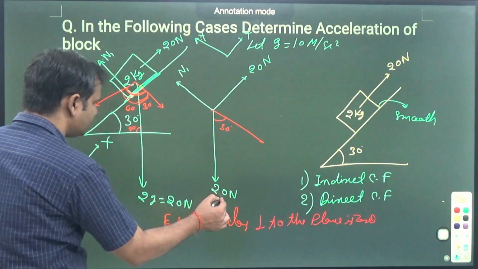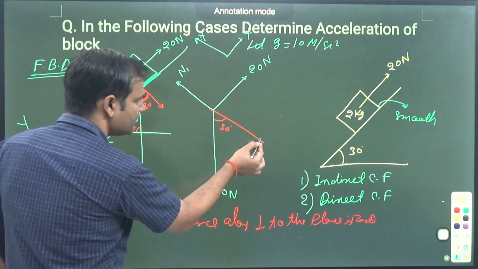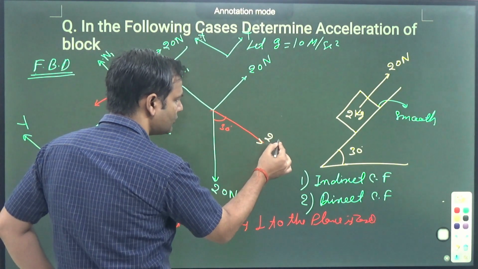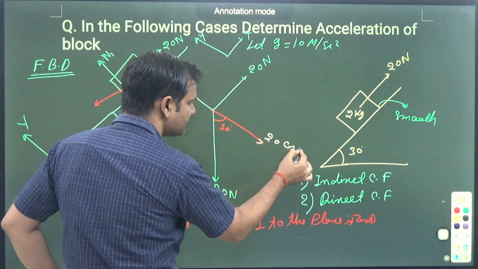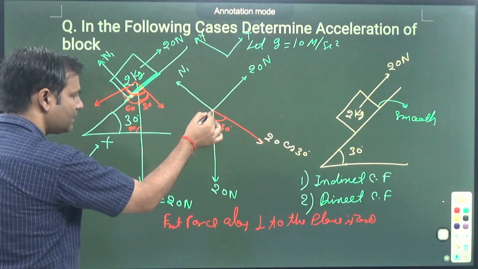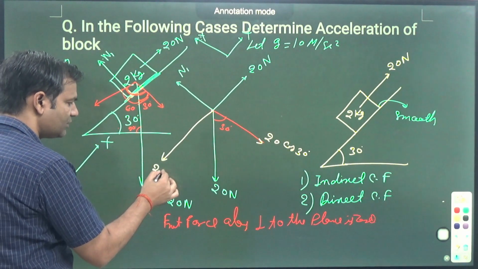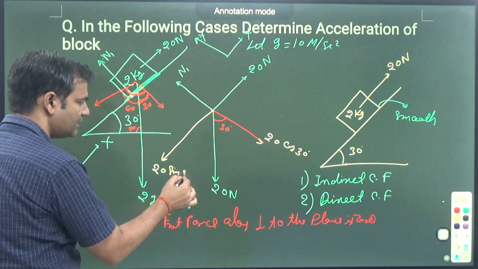Now, this is 20 Newton, with components 20 cos 30 degrees along this one, and 20 sin 30 degrees along this one. Clear or not?